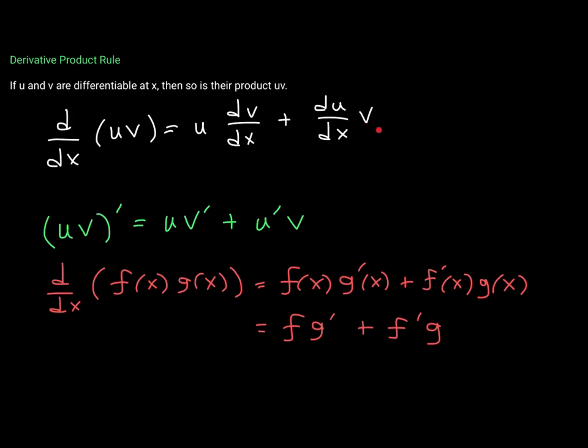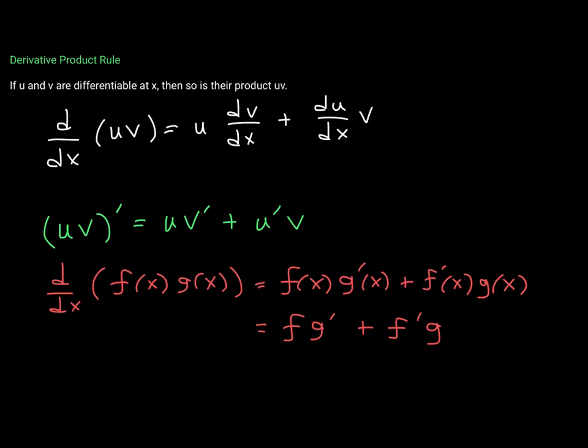In prime notation, the derivative of uv is uv prime plus u prime v. In function notation, the derivative of the product of these two functions is equal to f of x times g prime of x plus f prime of x times g of x.